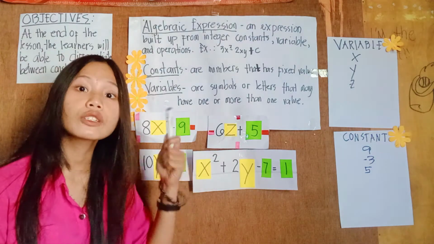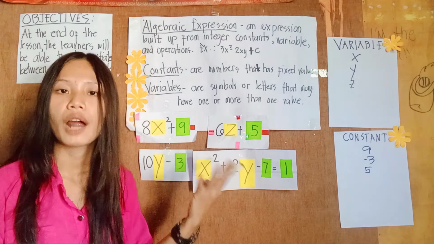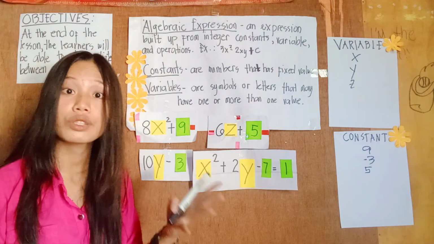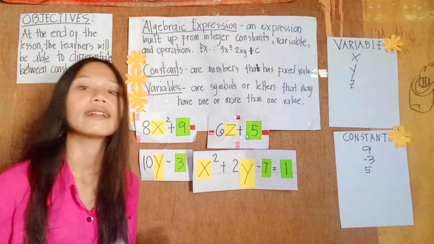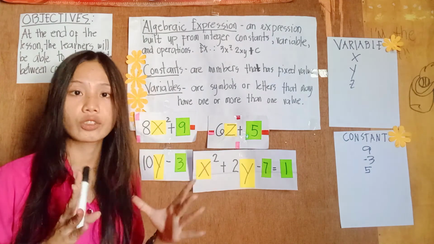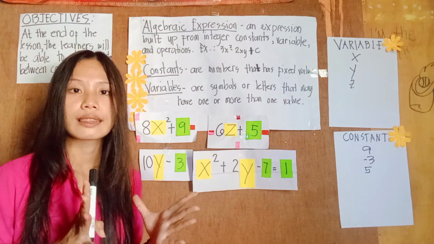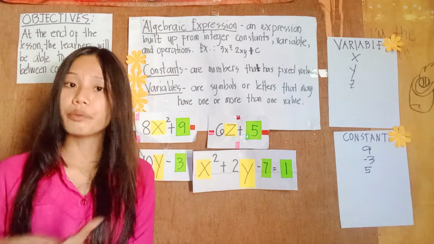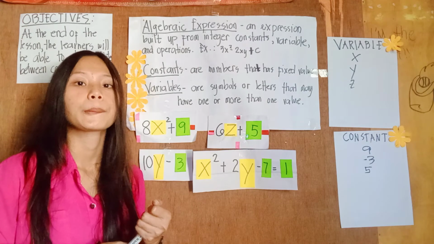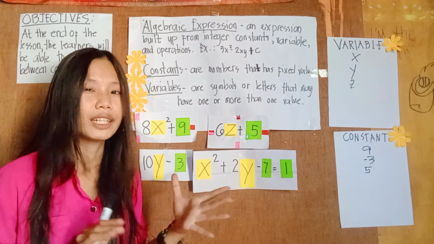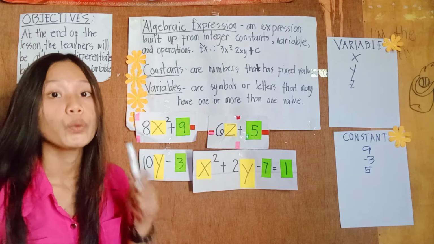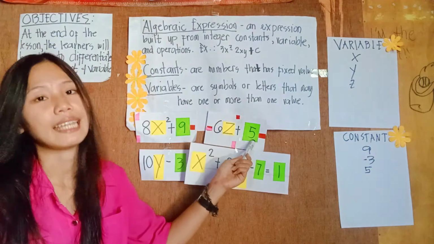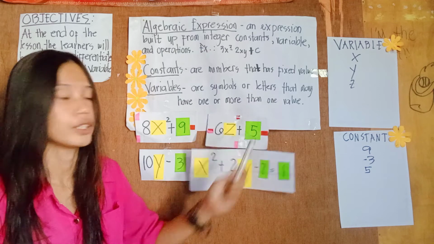So just to make it simple, variables are the letters that you see in the expression. Okay? Constants are those fixed numbers that have no variable beside them, or just fixed values. Okay, commonly we see constants at the end of the expression.